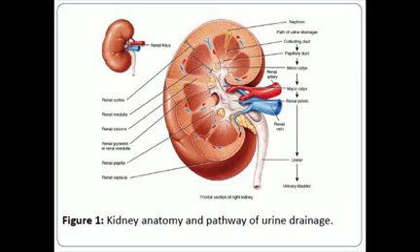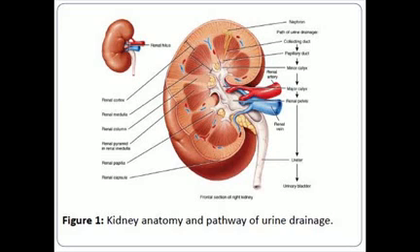First of all, what is a nephron? Nephron is the functional unit of the kidney. Each kidney contains about 1 million nephrons, and each nephron consists of the following structures.